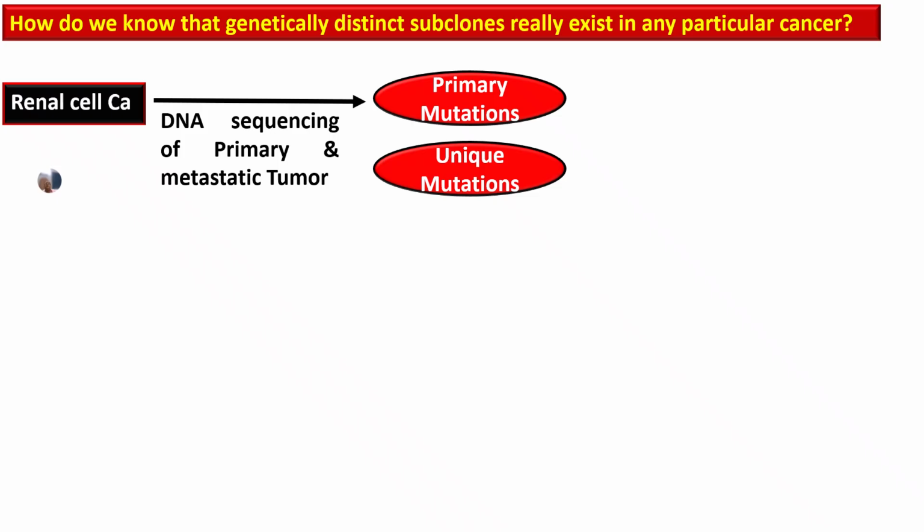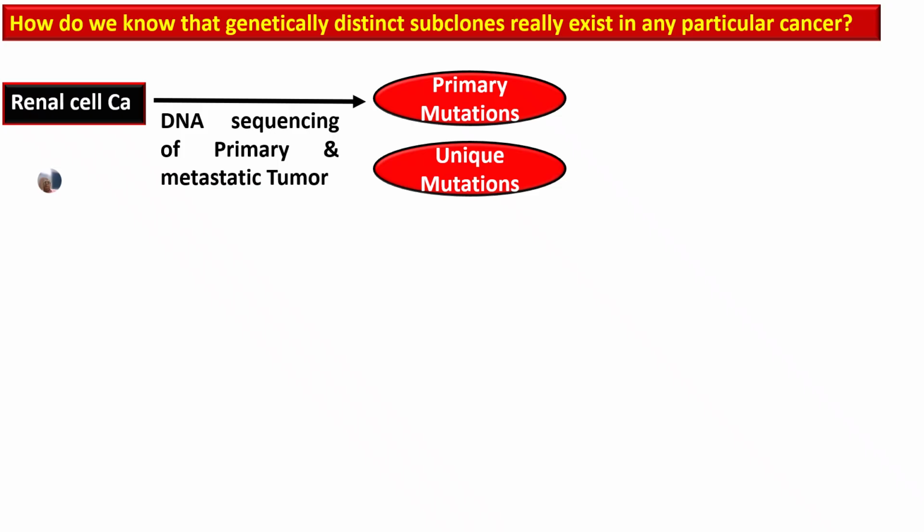Two types of mutation were identified: the ubiquitous or founder primary mutations found in all tumor regions that are sampled, present in the original transformed cells, and representing the initiating or early driver mutations. Then the subclonal mutations, or private or unique mutations, are there.